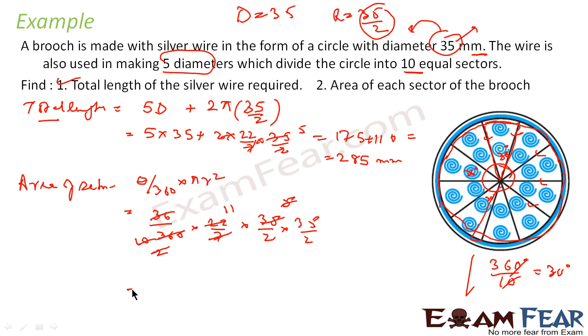So this comes out to be 11 into 35, that is 385 by 2 into 4, 2 is 4. And the unit will be millimeter square. Why? Talking about area, and the unit is millimeter. So the area of each sector is 385 by 4 millimeter square. So we have got both the things, length of the wires required and the area of each sector.